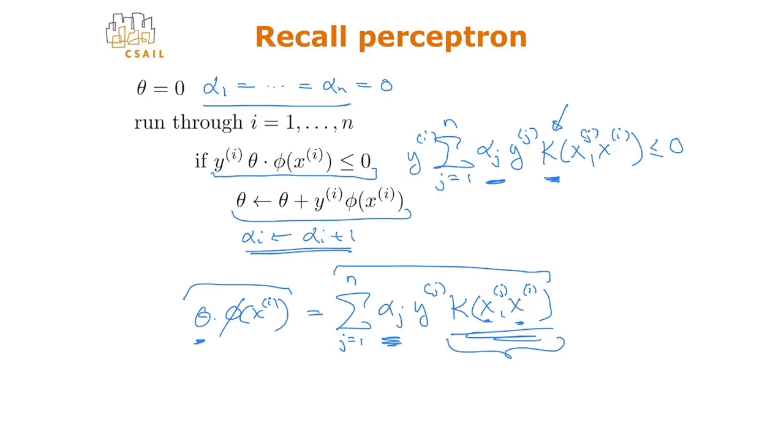So our predicted value here is now how important the jth example is, its label, times how similar the example we wish to make a prediction on and the jth training example are. All right, that is now the kernel perceptron algorithm.